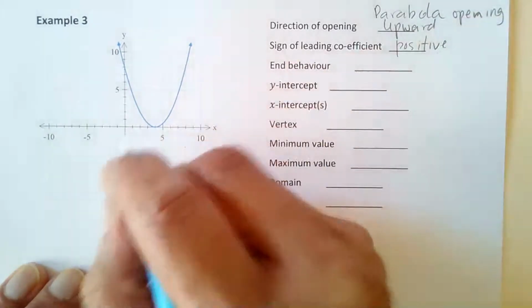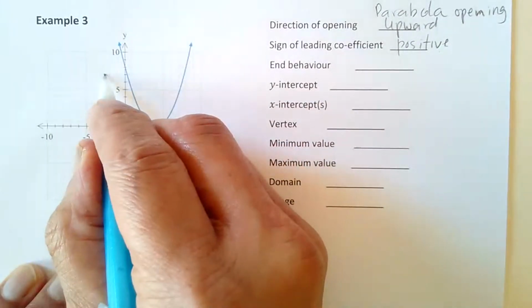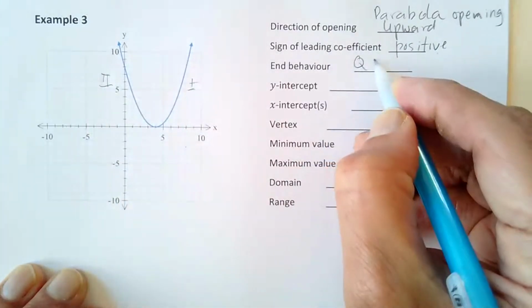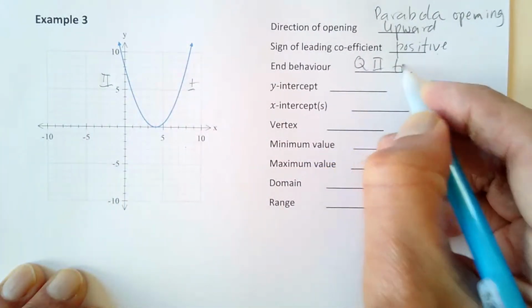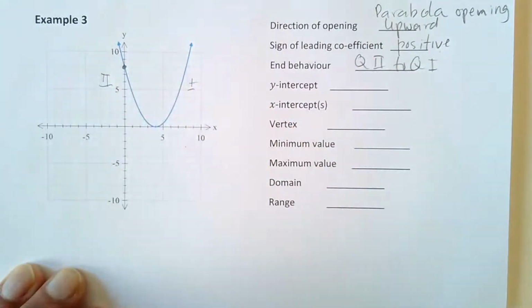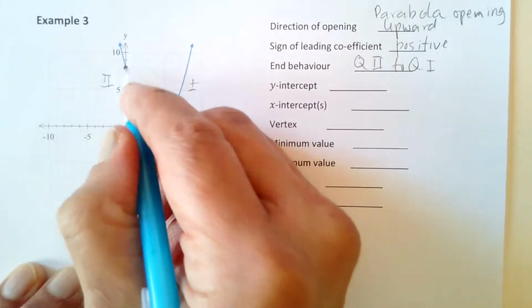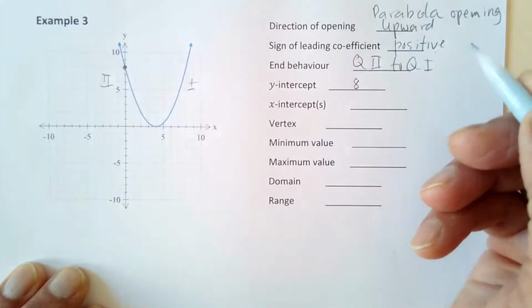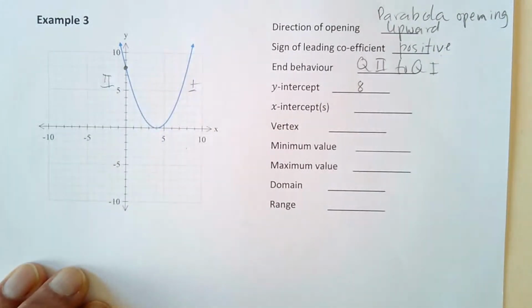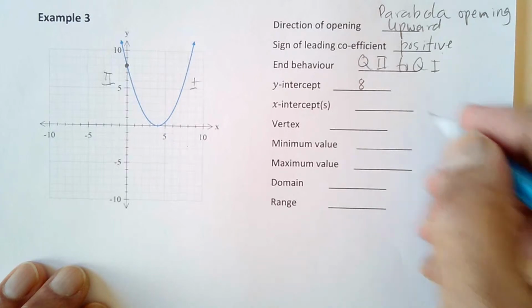The end behavior is from quadrant 2 to quadrant 1. The y-intercept would be 0, 6.